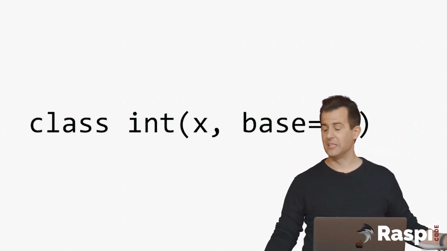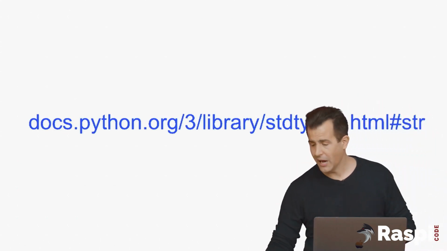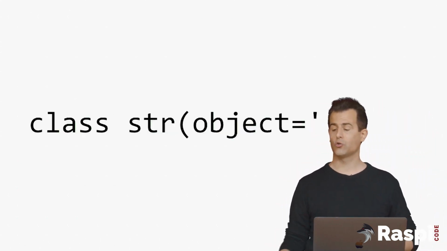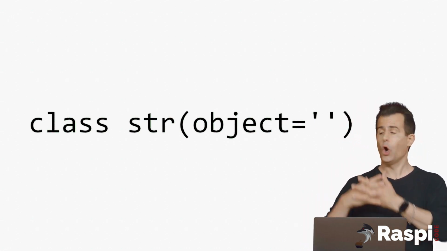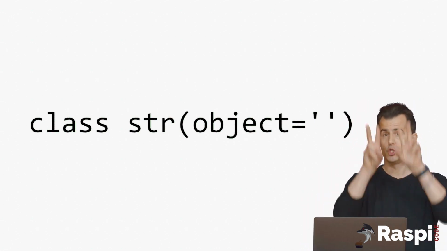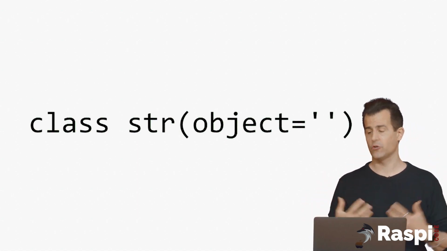Besides that, if you can believe it, strs, strings in Python, have been classes since the first week of this class as well. If you look up the documentation for a str, which lives at a similar URL there, you will find that when you instantiate, that is, create a str, it takes optionally a parameter called object here, the default value of which is just "", which allows you to create, in effect, an empty string, a blank string, if you will.